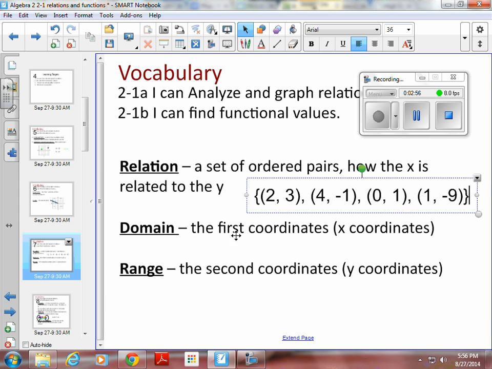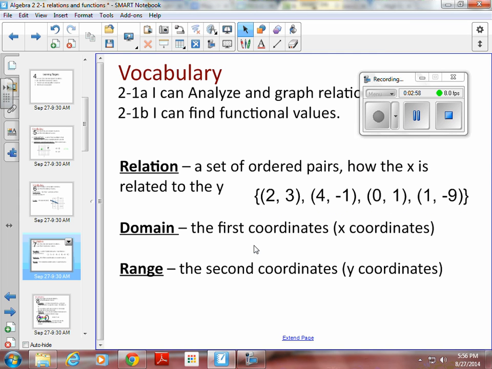Okay, domain. Domain is the first coordinates. So our domain, and we always write them with braces around them, is our first points. So this is a first coordinate, this is a first coordinate, first coordinate, first coordinate. They are also the x coordinates. And so our domain here is 2, 4, 0, 1.